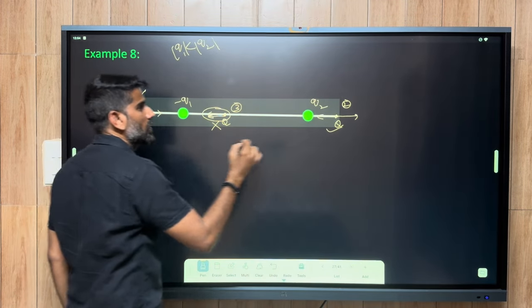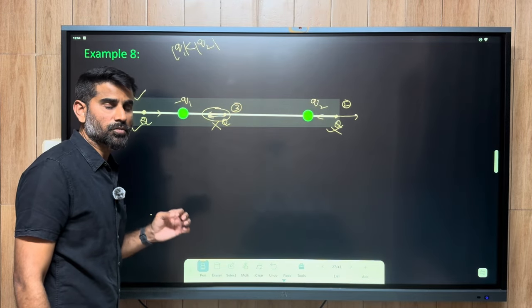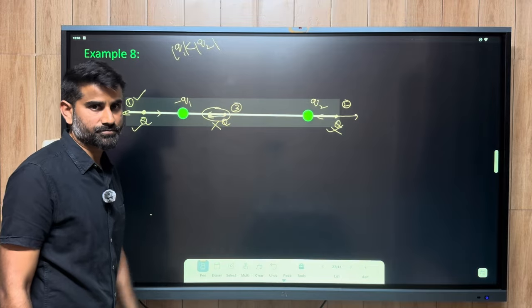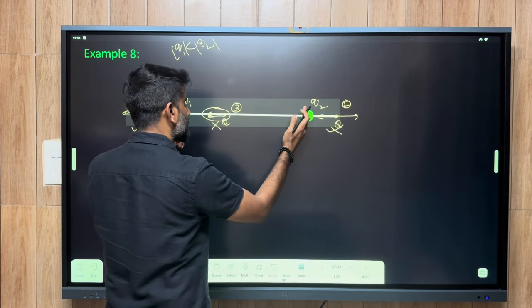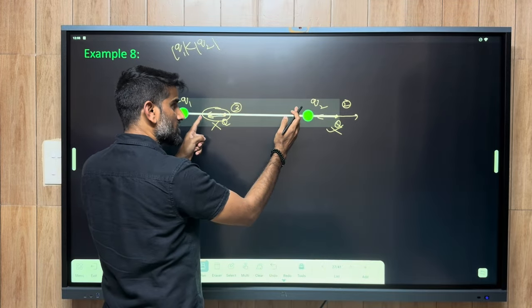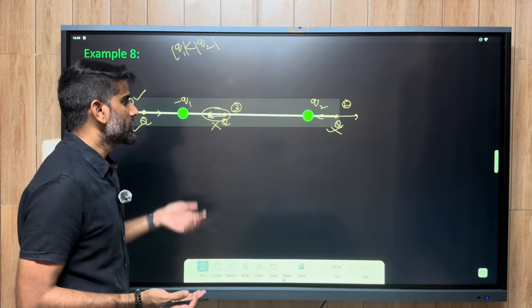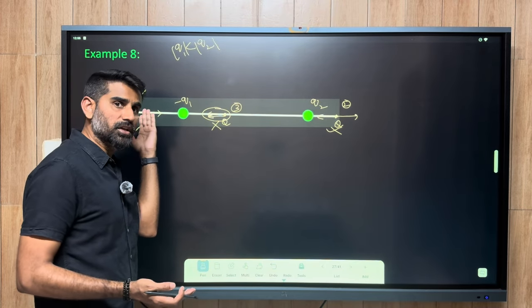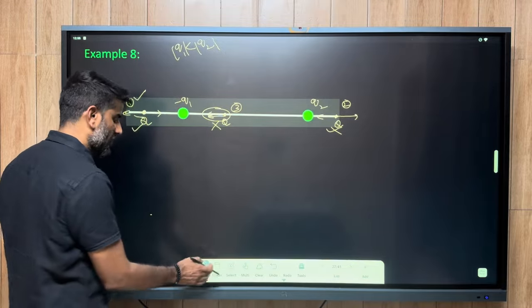That means region 1 is correct, region 2 is wrong. Whichever charge is small, we need to keep the third charged particle near to that charge. If the two charges are of the same nature, then the equilibrium position will be close to the smaller charge in between the two charges. If the two charges are of opposite nature, then the equilibrium position will be close to the smaller charge beyond the two charges, not in between the two charges.